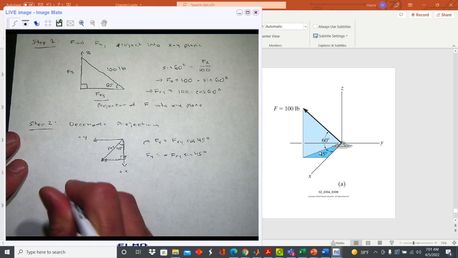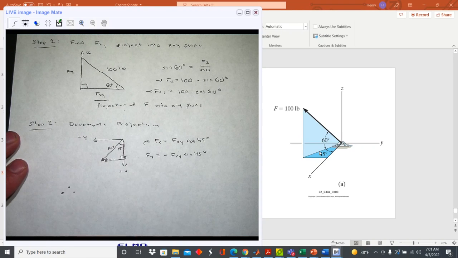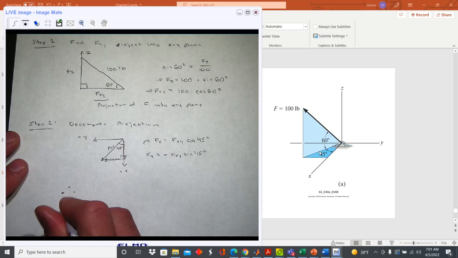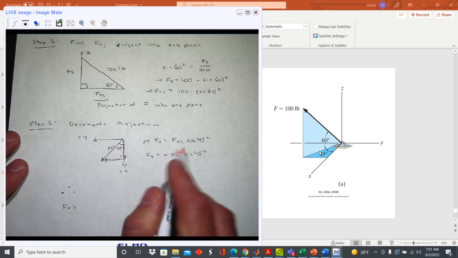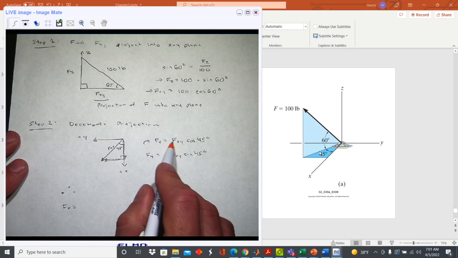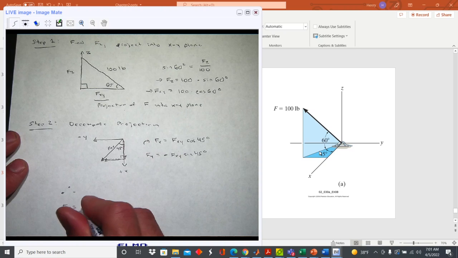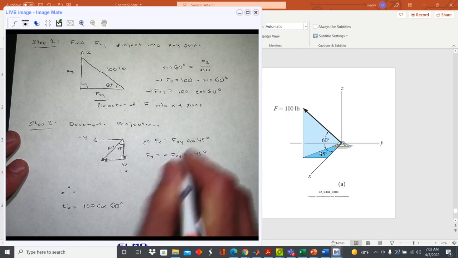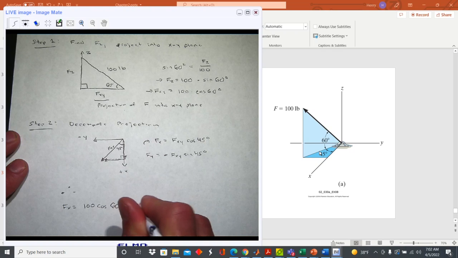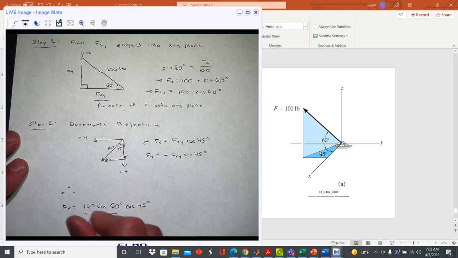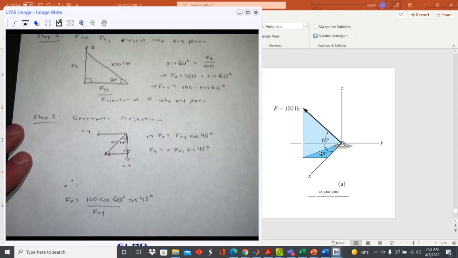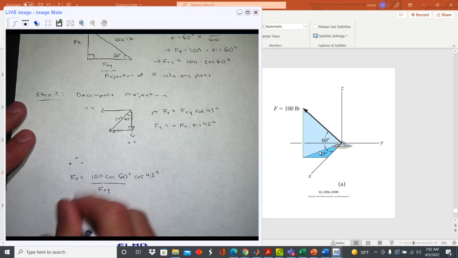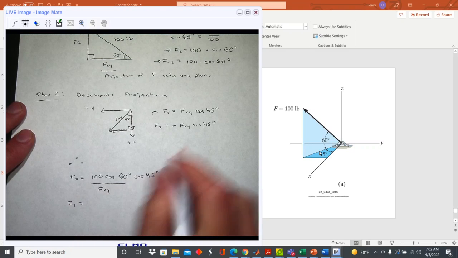So actually, other than making a computation, I'm done with the problem now, because I know that fx is expressed in terms of the projection fxy, which I know is 100 cos 60. And then I additionally have the factor of cos 45 in there. Fy also involves fxy.